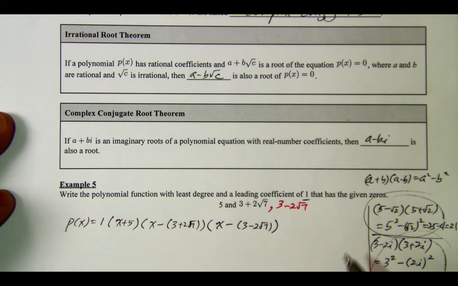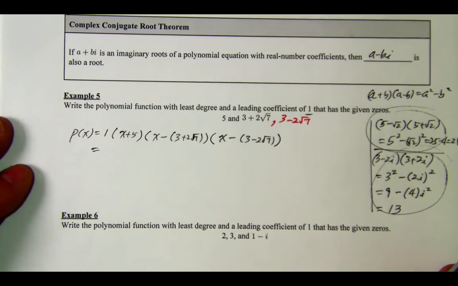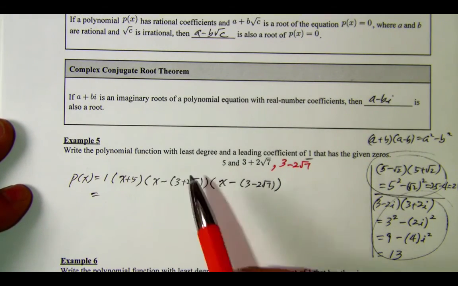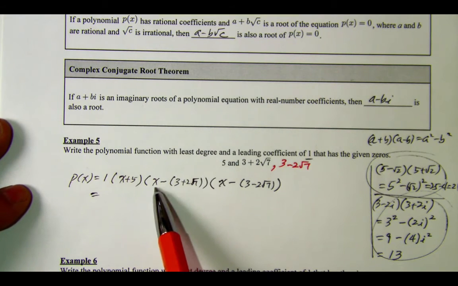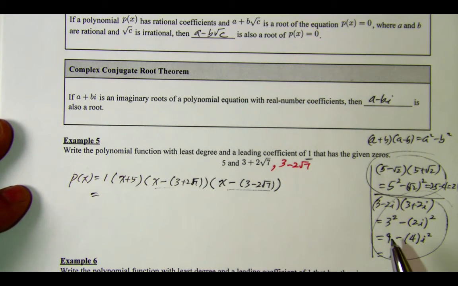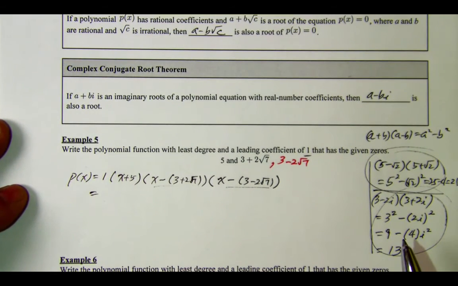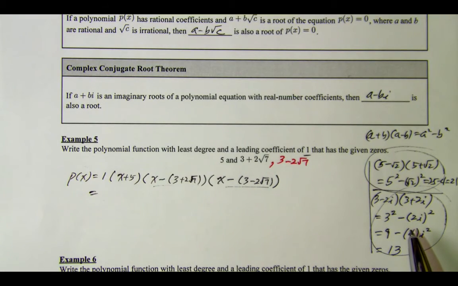Okay? All right, I think the biggest obstacle right now is to multiply all that out, but you gotta be kind of wise about it. Okay, you can't just multiply these two. The best idea is to multiply the two factors that contain the conjugate pair. Okay? All right, let's do that, shall we?